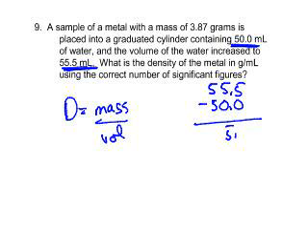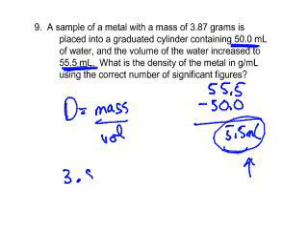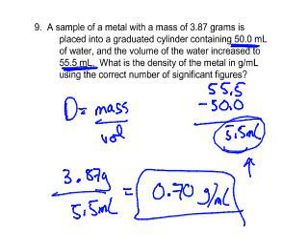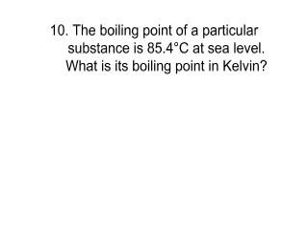So I subtract, that's 5.5 milliliters. It's important to note we now have gone to 2 significant digits. So it's going to be 3.87 grams divided by 5.5 milliliters. This needs to be rounded to 2 significant digits, so the answer is 0.70 grams per milliliter. If you have more significant digits, you are incorrect.